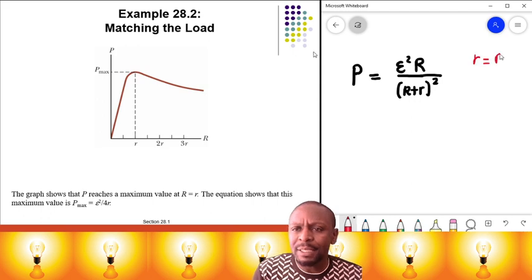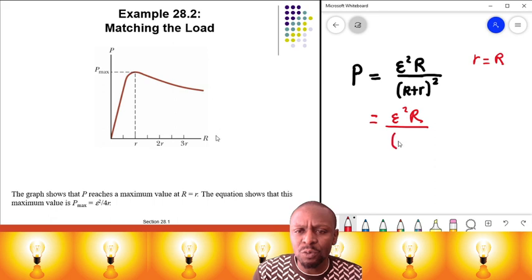Now therefore in that equation, I'm going to have epsilon squared and then big R. In here I'm going to have 2R, squared. Why? Because small r is the same as R, then I'm going to have 2R. In that case, this is going to give me E squared divided by 4R.